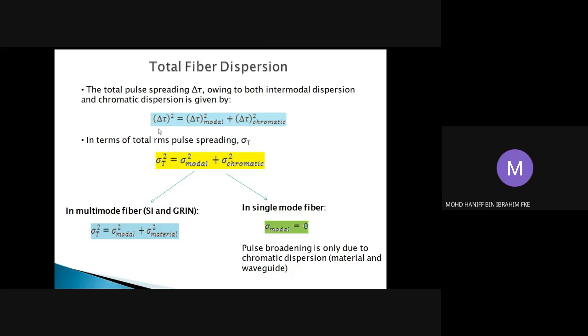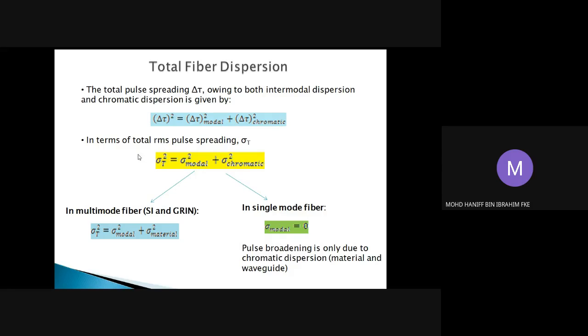Total dispersion Δτ squared equals Δτ due to intermodal squared plus Δτ due to chromatic dispersion squared. In terms of RMS pulse spreading, we have a similar equation: total RMS pulse spreading squared equals intermodal RMS pulse spreading squared plus chromatic RMS pulse spreading squared.